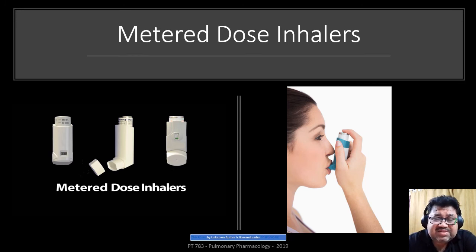So when it is depressed, the drug is released and it hits the back of the throat. The immediate next event would be that the patient swallows. Therefore, a majority of the drug may end up going into the stomach instead of the lungs.